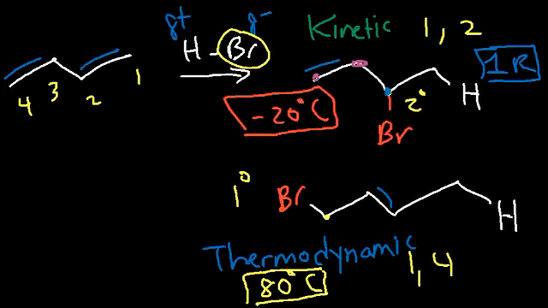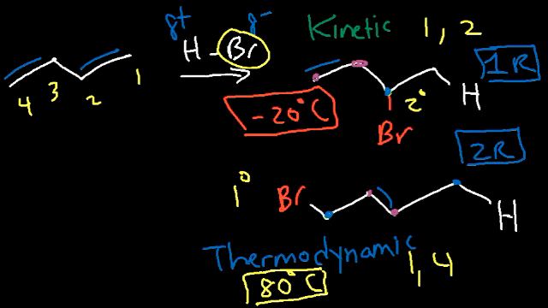Now let's look at the other product. So here are the two double bonded carbon atoms. Now how many other carbon atoms are attached to those two carbon atoms highlighted in purple? On the left side we have 1, and on the right side we have 2, so this alkene has 2 R groups, which makes it more stable. Sometimes you might have 4 different products, and it might not be easy to see which is going to be the major product at high temperature or low temperature.